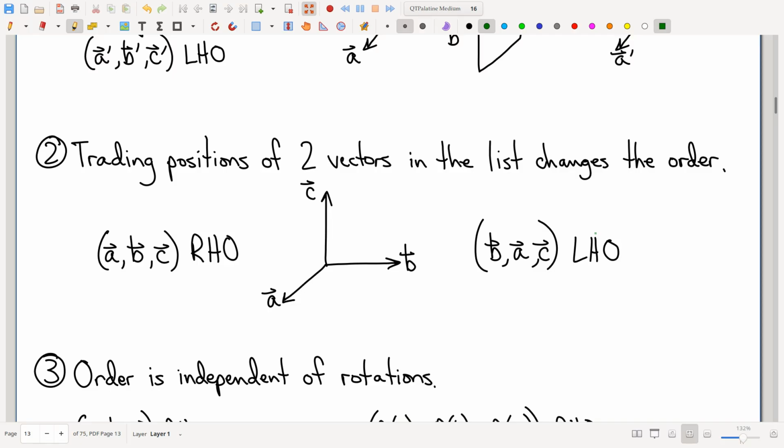Yeah. So do our index fingers point at the first vector in the list? Always. A? No. The alphabetical order is so much a who cares. No, we're not at all interested in alphabetical order. So when I say B, A, C is left-hand order, again, this is an ordered list. The first vector is B. I could not care less that it's alphabetically second. Does that make sense?